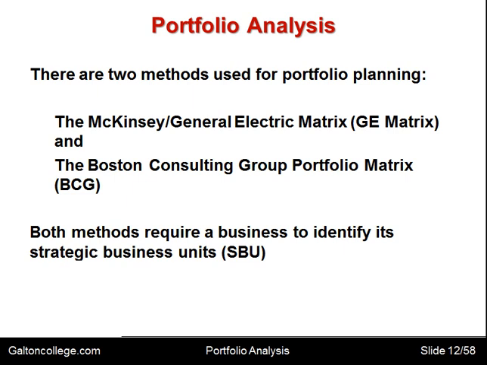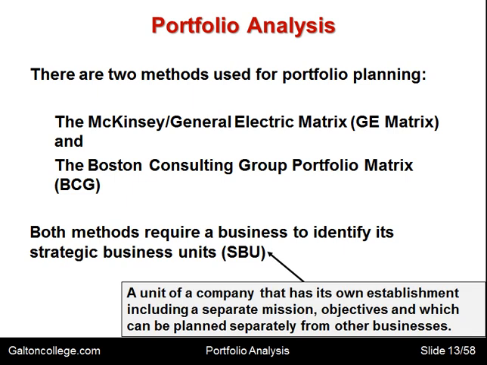Here we make reference to SBU, the Strategic Business Unit. This is a unit of a company that has its own establishment, including a separate mission and objectives, and which can be planned separately from other businesses. So an SBU is a separate part of the business. It's a separate function of the business.